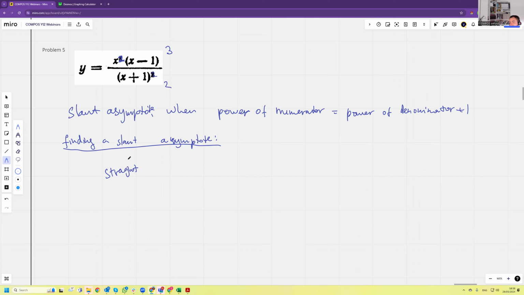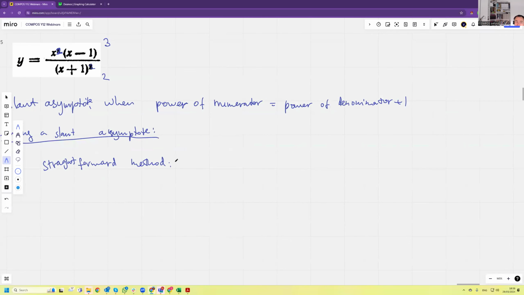Theoretically, asymptotes can be of any shape, but we're not really interested in quadratic asymptotes.